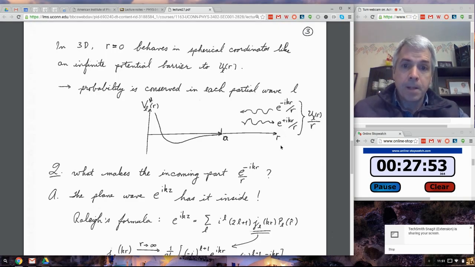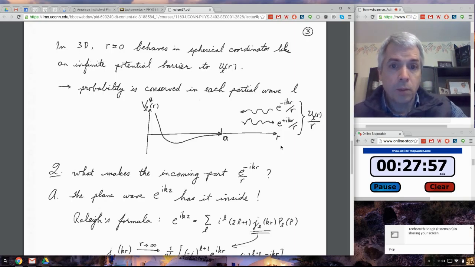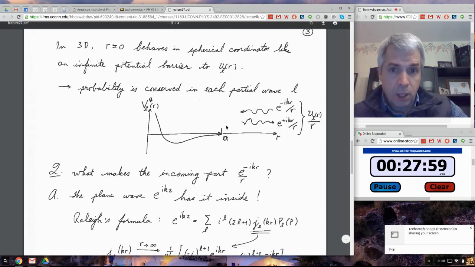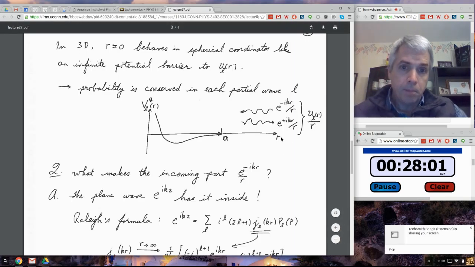Okay. Now let's set up our continuum state in this one-dimensional equivalent problem. We have an incoming wave. Of course, the u itself is just this numerator. Here's the u of r over r. That's the incoming wave. The outgoing wave is, of course, e to the plus ikr.